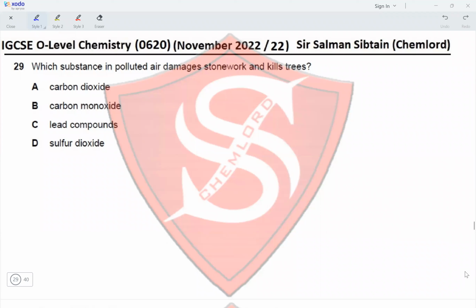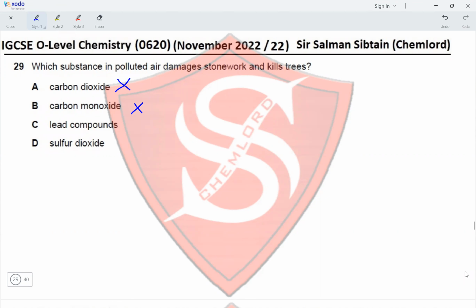Question 29. Which substance in polluted air damages stonework and kills trees? That would be an acidic gas, which is sulfur dioxide. Carbon dioxide is slightly acidic but does not kill trees because trees use it to photosynthesize. Carbon monoxide is not acidic in nature, it is neutral.